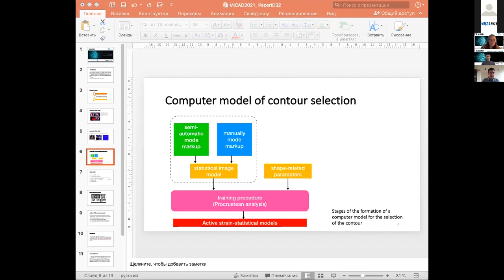The model process here consists of the following steps: extraction from the training images of the textures that best match the basic shape.